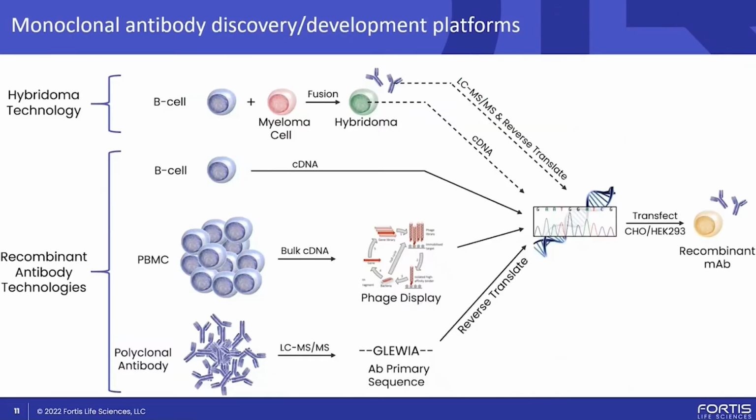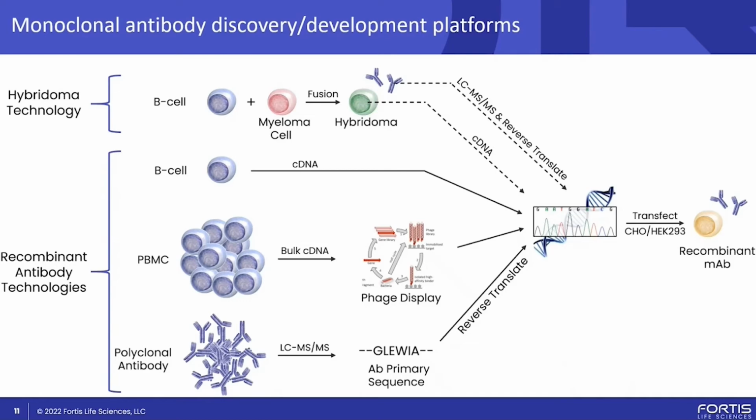So how are monoclonal antibodies made? Back in 1975, Kohler and Milstein published their seminal work on hybridoma technology. That took B cells, which are the antibody-producing cells. They are difficult to culture and short-lived in vitro.